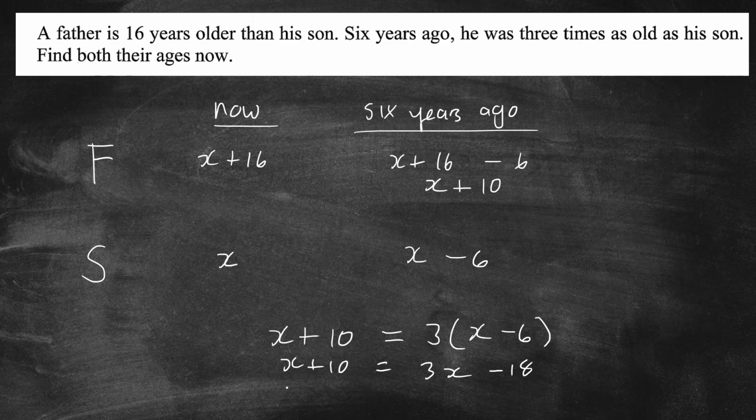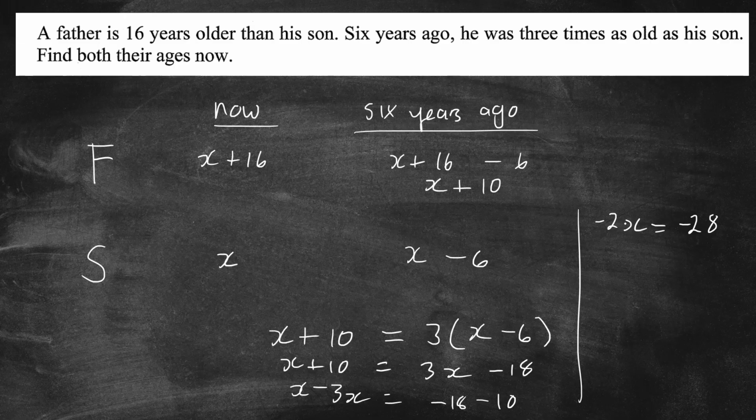Then we take our x's to the one side, and then minus 18 minus 10. Just going to continue somewhere else. So this is then negative 2x equals negative 28, and divide both sides by negative 2, so x is equal to 14. So the son is now, find both their ages now.